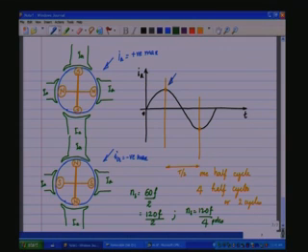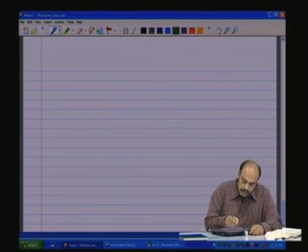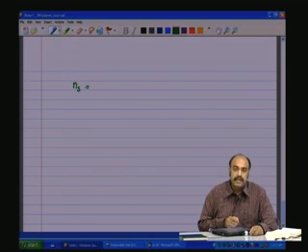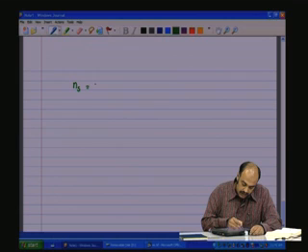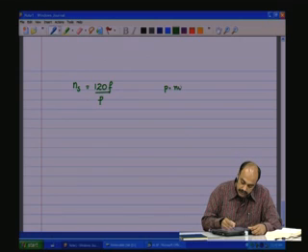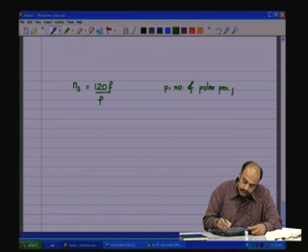So if you have P poles, it becomes 120 F by P. You see that it actually slows down the system if you have more number of poles. So Ns, the synchronous speed of the flux, is 120 F by P. Here P is number of poles per phase.